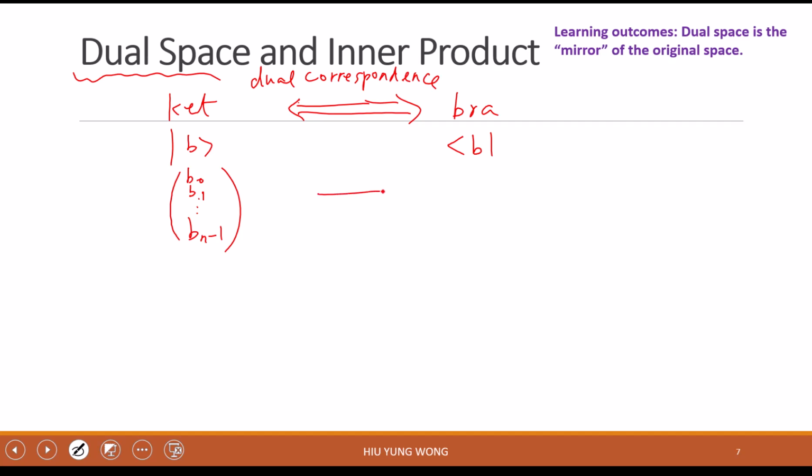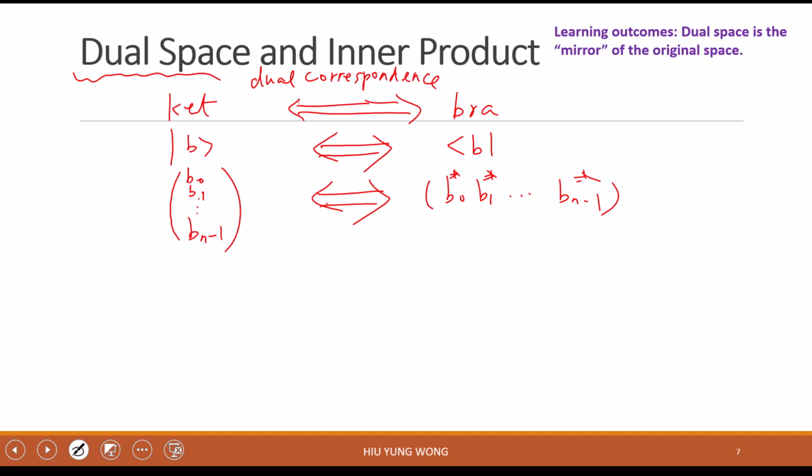So here I say ket corresponds to bra. How about in matrix form? What is the form of bra B? It is just the transpose, B0, B1, all the way to B(n-1), and then add the complex conjugate to each of them.